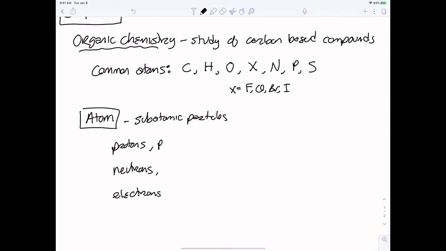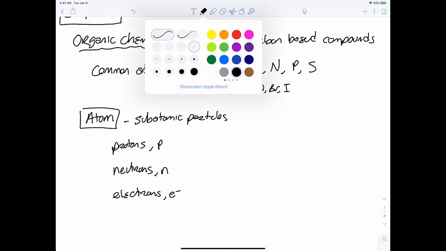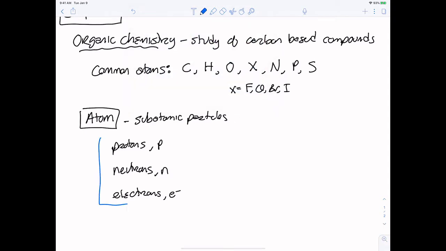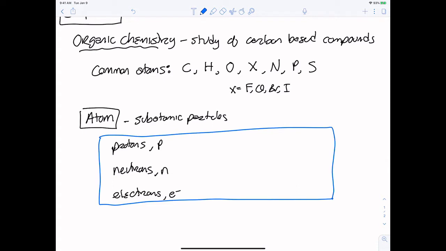So abbreviations. And then I'm going to make a little table out of this. So we'll have its electric charge, its relative mass, so comparing one to the other, and then its location in the atom in general.